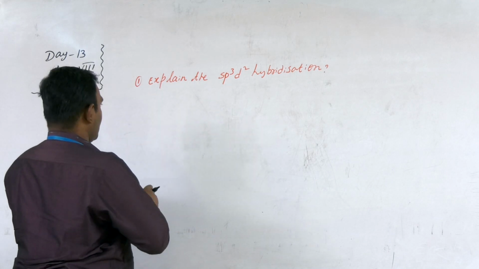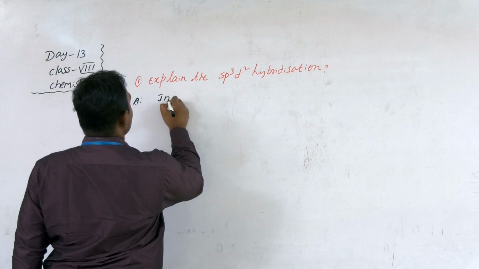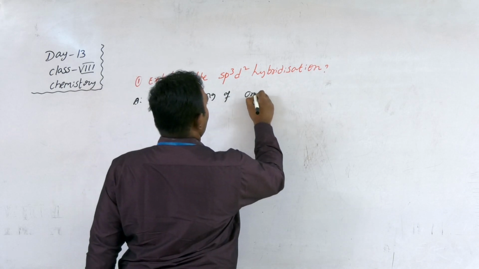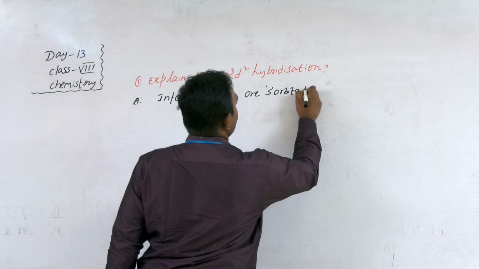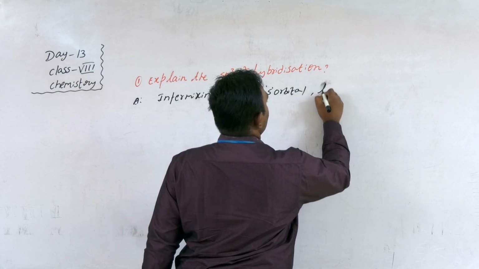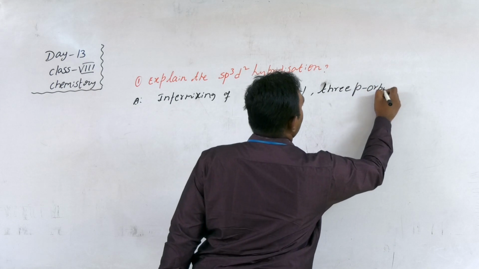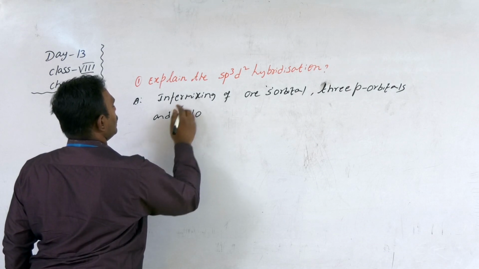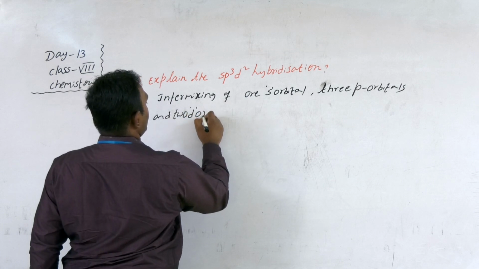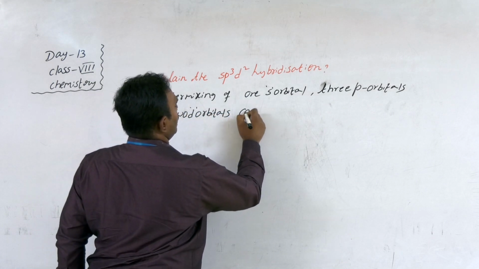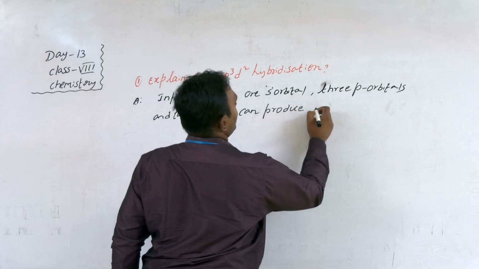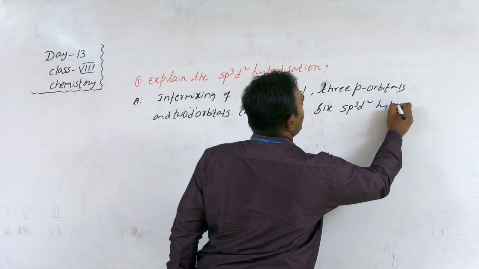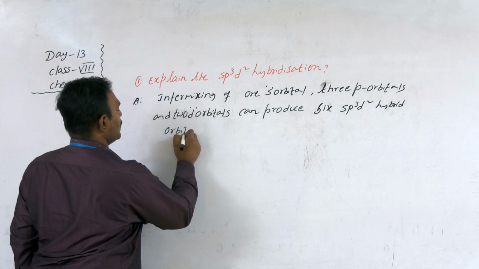Now see here, our answer is intermixing of 1 s orbital, 3 p orbitals and 2 d orbitals can produce 6 sp3d2 hybrid orbitals.